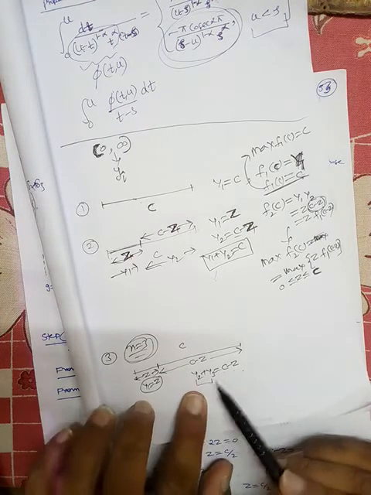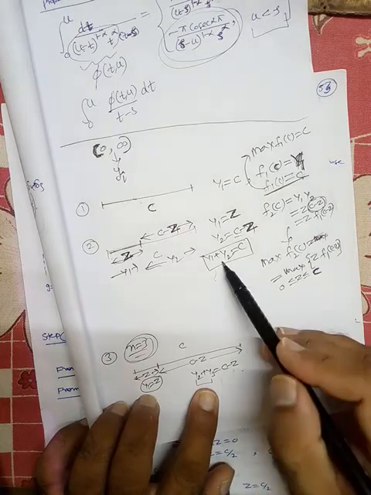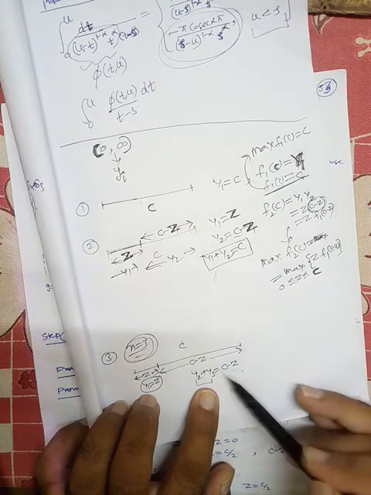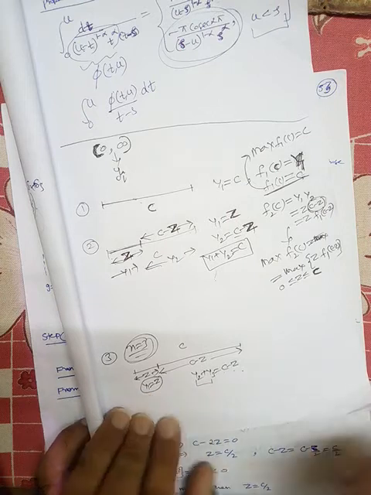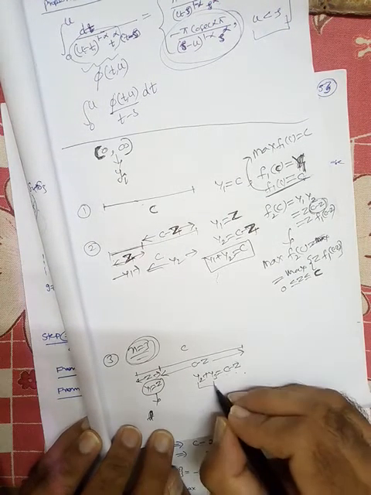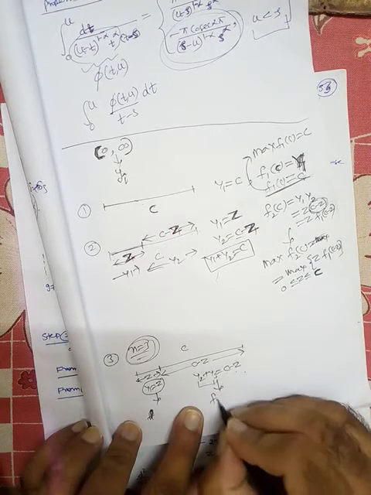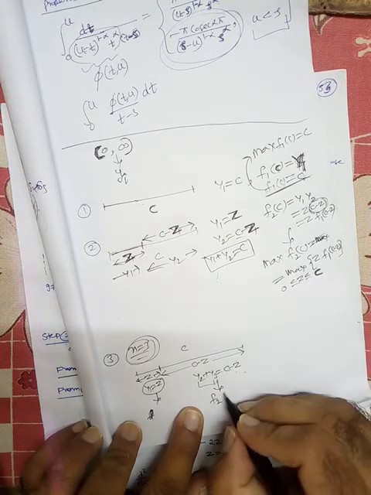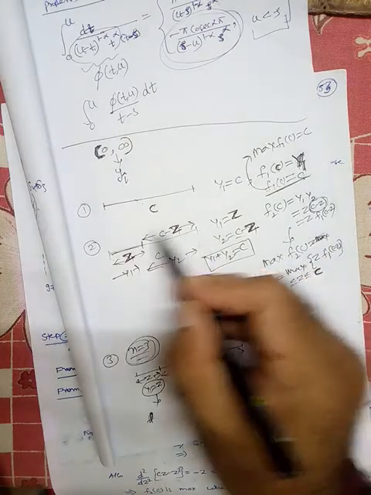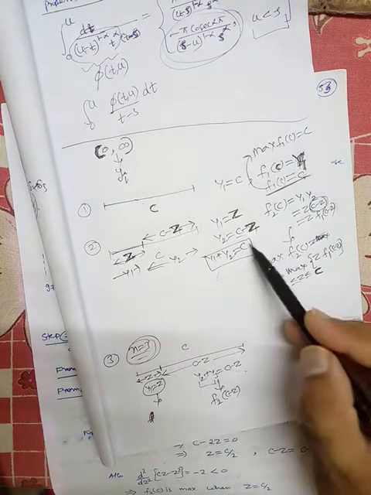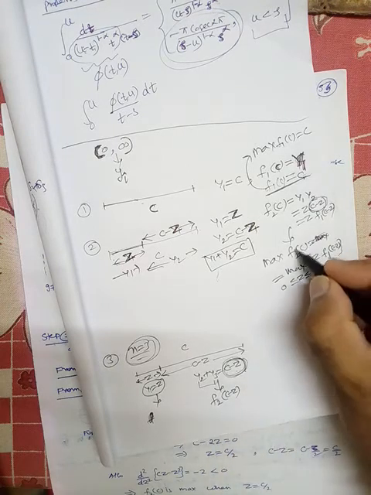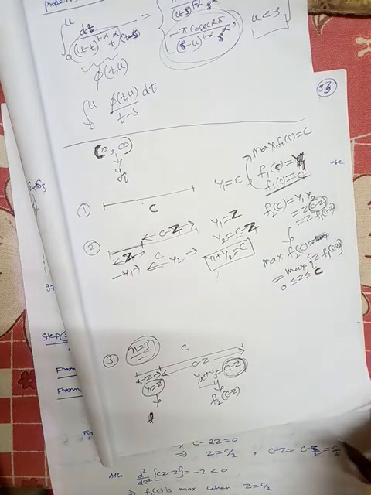And now you can see y2 plus y3 is almost the same. Here we have C, here we have C minus Z. So here the function will be this. This is basically f2 according to this C minus Z, because here the total sum is C, and here the total sum is C minus Z. So that's why it is f2(C minus Z).